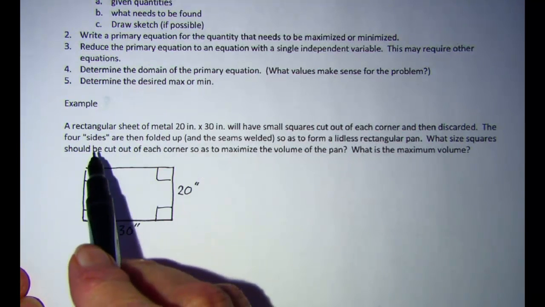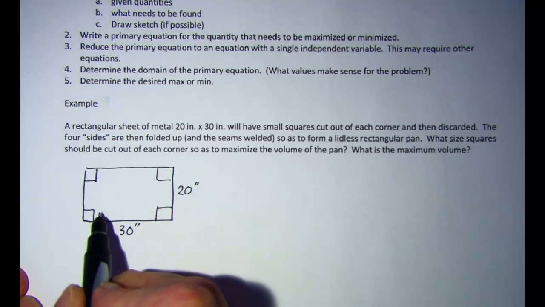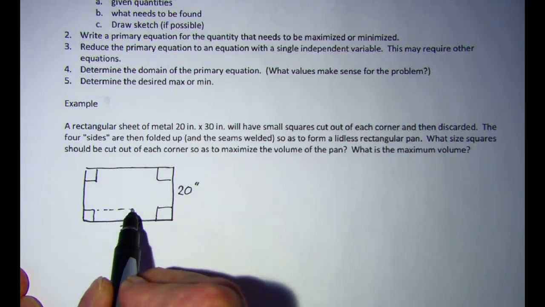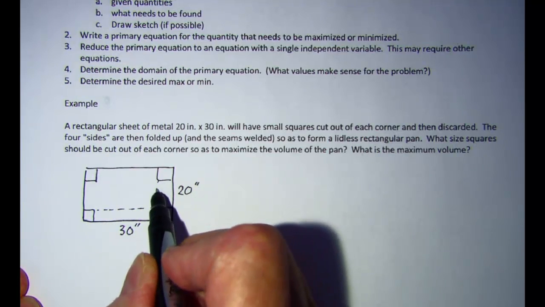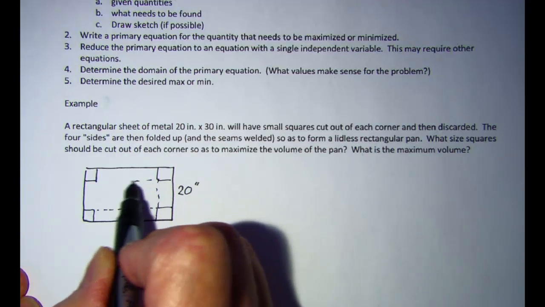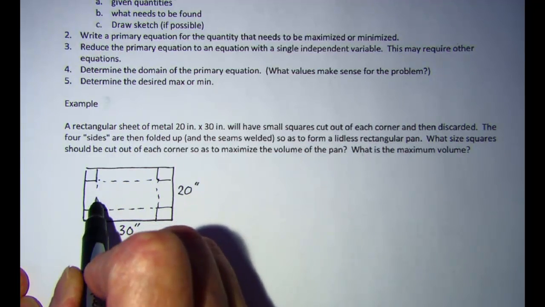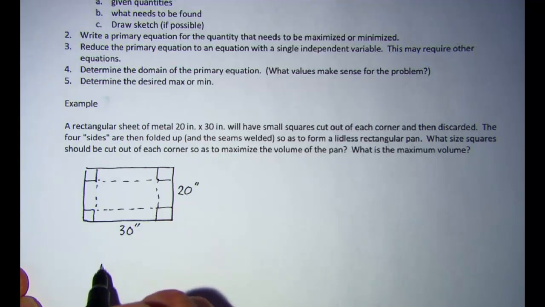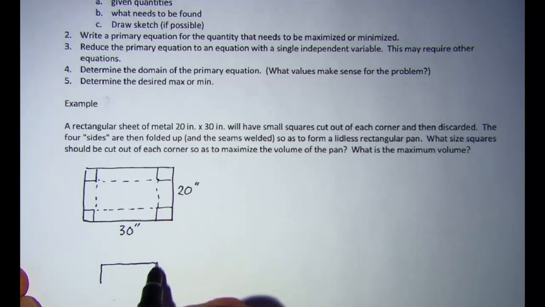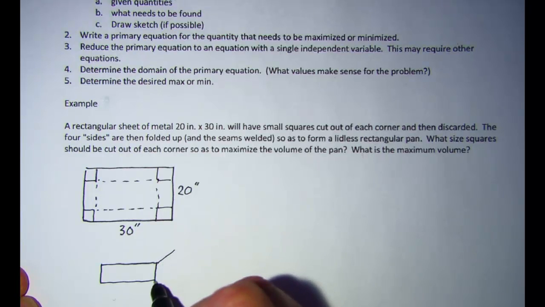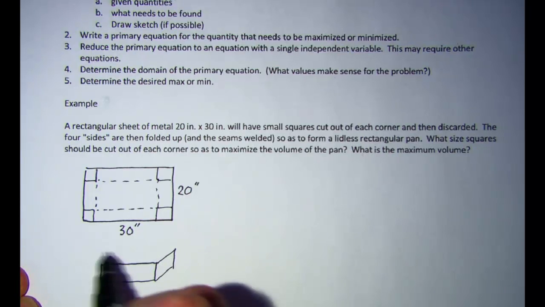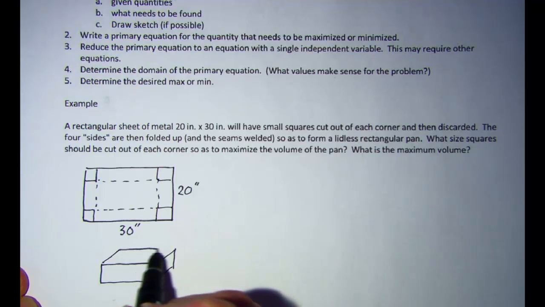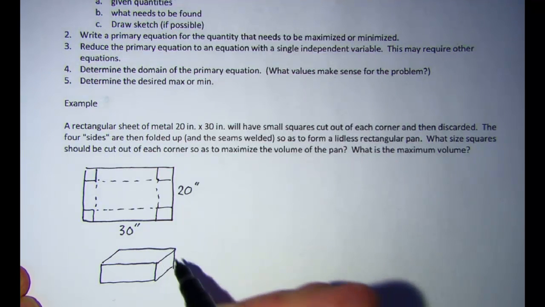And the four sides then are folded up. So we're going to be folding up along this dotted line, and we'll have a pan that looks like this.